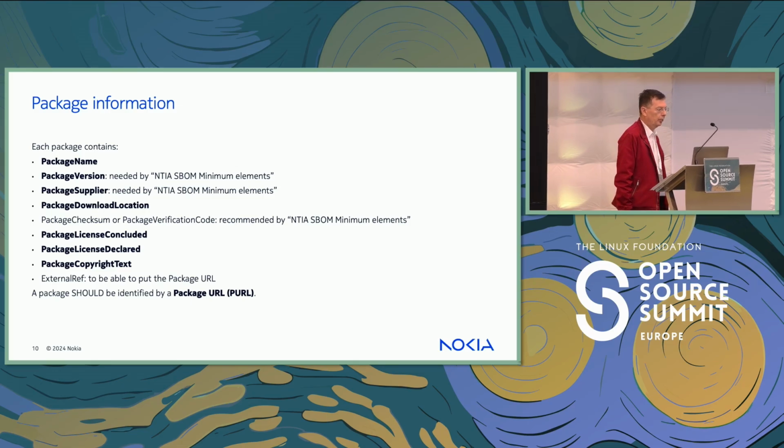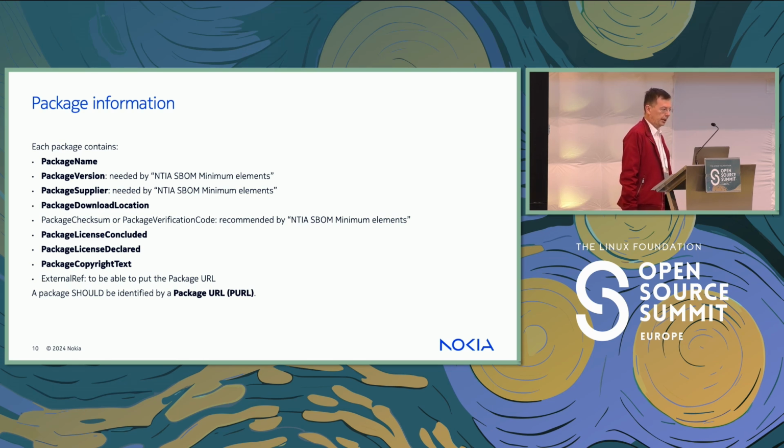So here in bold, we have things that we require that are mandatory. So the package name, package version, package supplier. These two fields are required by the minimum elements, the NTIA minimum elements. The package download location, the licenses, the copyright text.